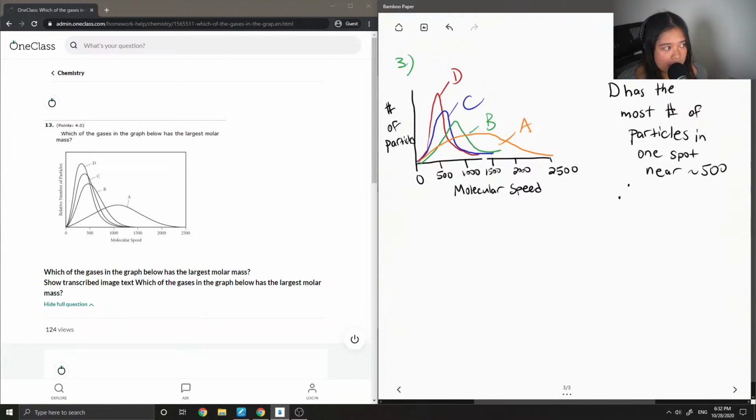So therefore D has the largest molar mass.